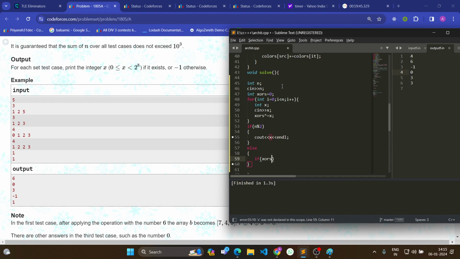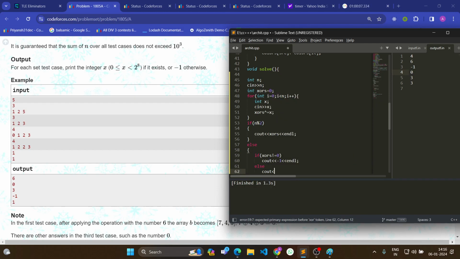Four times can be anything. Four times XOR of x XORs. Otherwise, if XORs is not equal to zero, the answer is x, else the answer is zero.